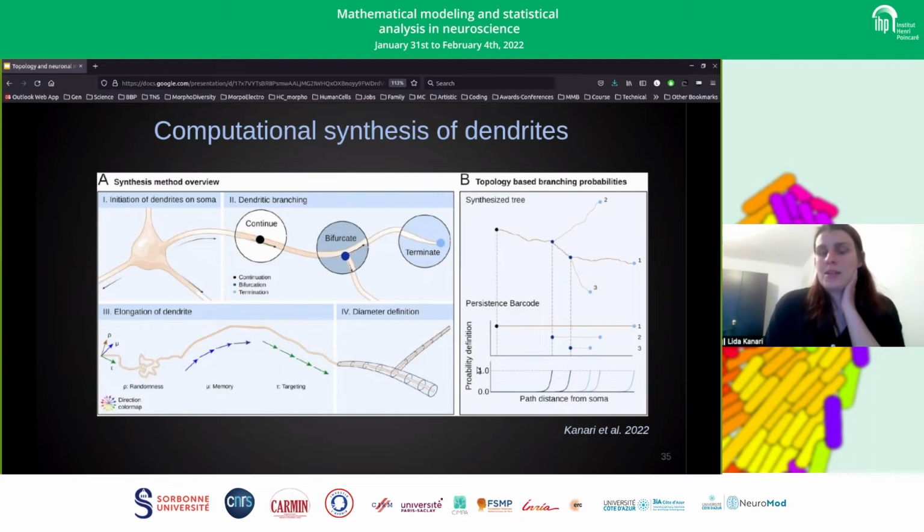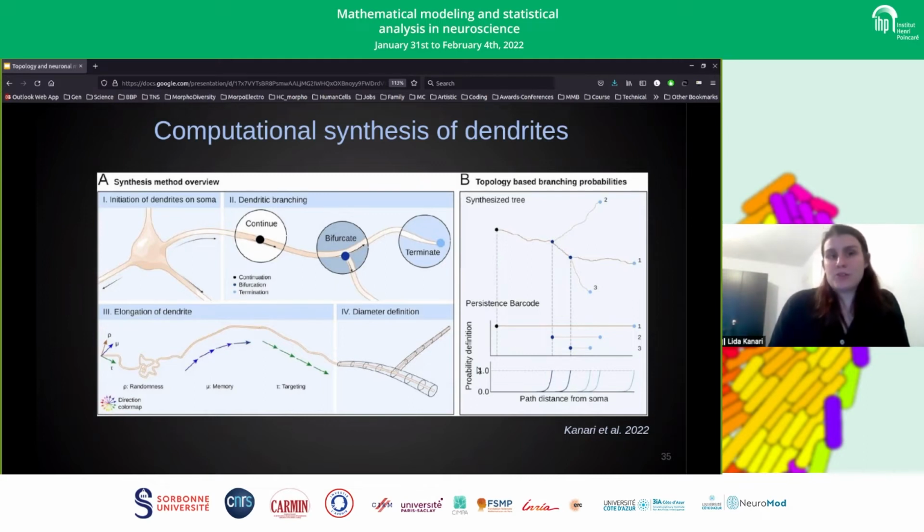Initially, that was a question of encoding. So if you have a specific barcode, can you get the exact neuronal tree from which it came? But what we noticed is that this is not the case. We cannot get a single tree that gives rise to a barcode. So it's not unique to go from the trees to the barcodes and back.